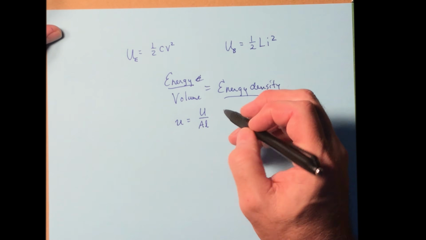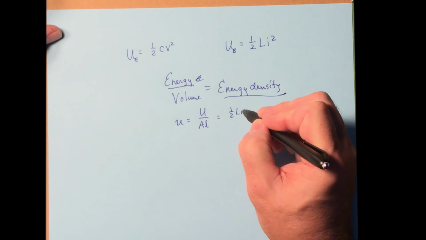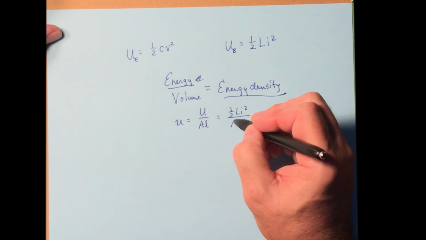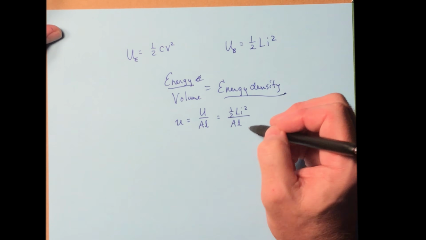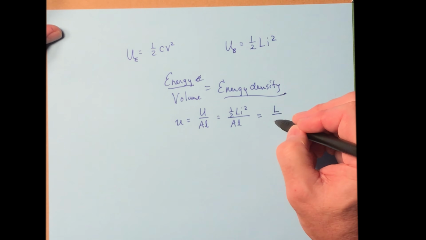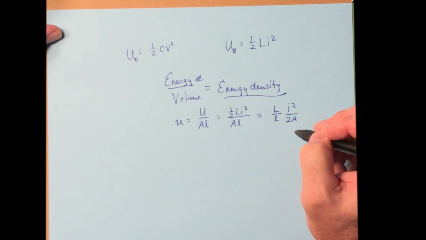So in the case of the inductor, you could say this is going to be 1/2 Li squared divided by A times l. Let's rewrite that. We can group this, the L inductance per length times I squared over 2A, like that.